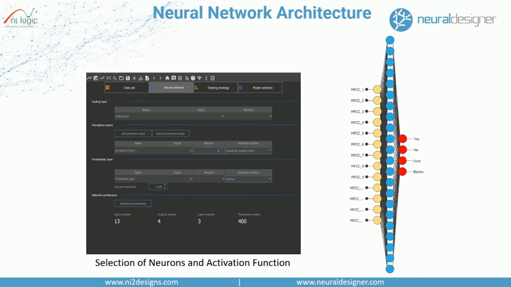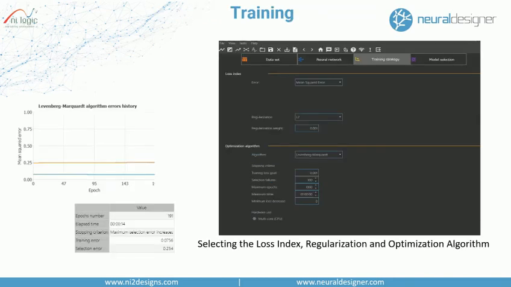If we had used an approximation model, it would have been an unscaling layer as output layer. Moving ahead with our training strategy, our loss index consists of mean square error and L2 regularization, which is a ridge regularization. Our optimization algorithm is LMA, or Levenberg-Marquardt, which is a second order algorithm.